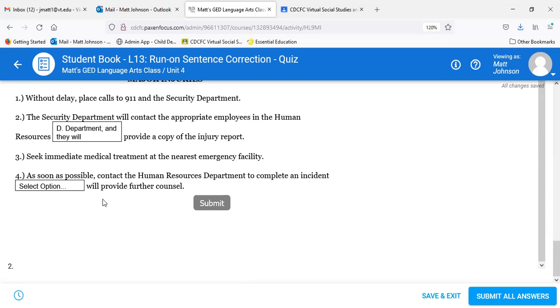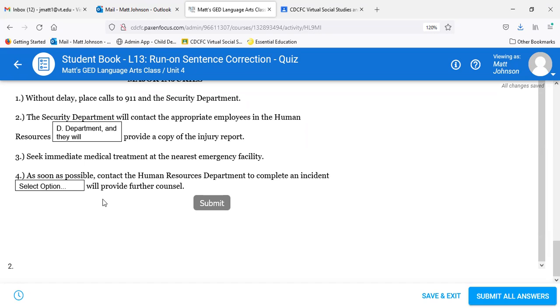The security department will contact the appropriate employees and the human resources department. We want to connect another complete idea to this. We need a comma, we need a connecting word. So, and they will provide a copy of the injury report. Okay, so D there.